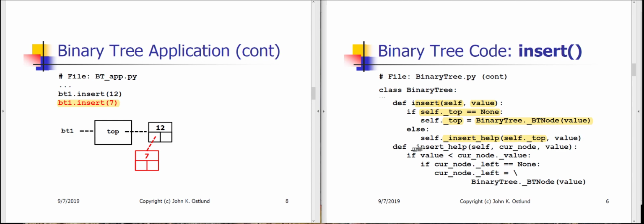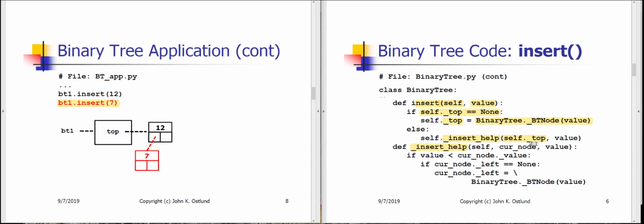All right, so here we are now in our insert help method. Insert help is receiving 3 parameters. The first parameter is a reference to the binary tree object itself. The second parameter is a reference to the top node. All right, so the second parameter is a reference to this node.